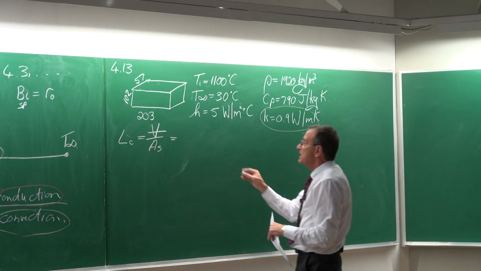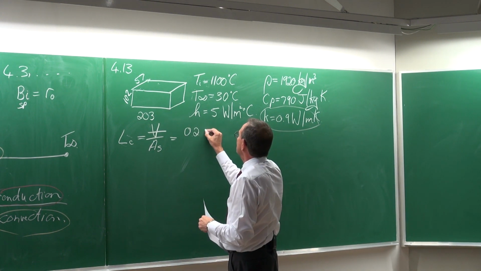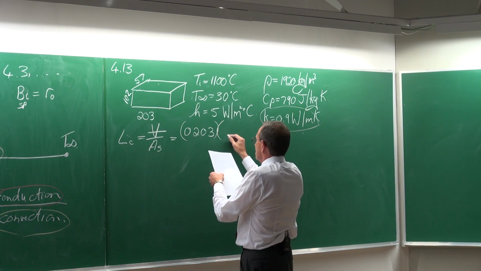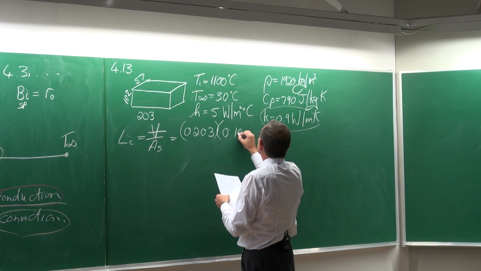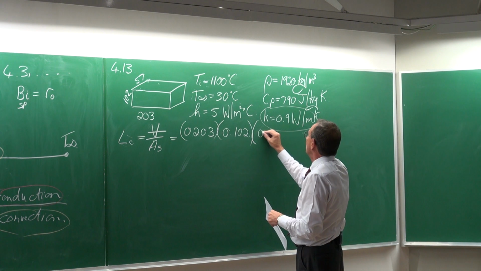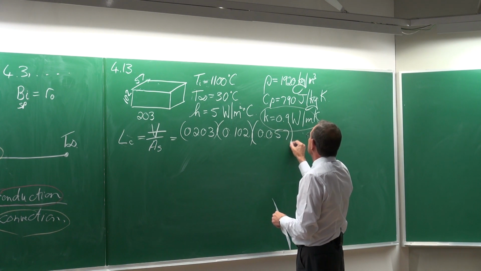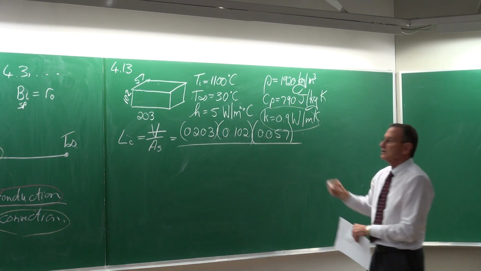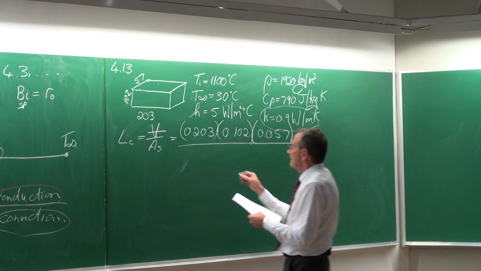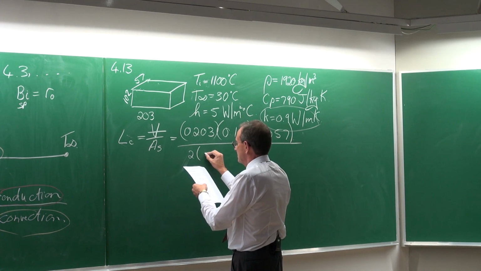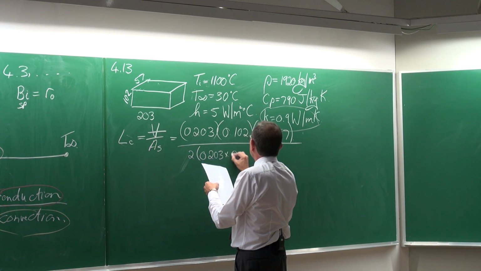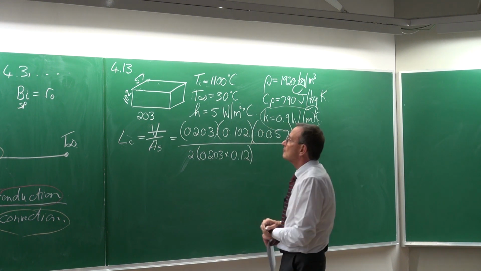The volume of the brick is 0.203 meters multiplied by 0.102 meters and 57 millimeters. That is the volume of the brick, divided by the surface area, which is 2 times 0.203 multiplied by 0.102.